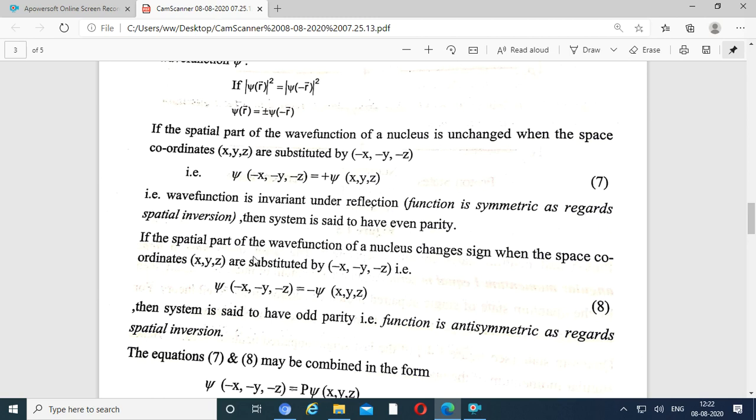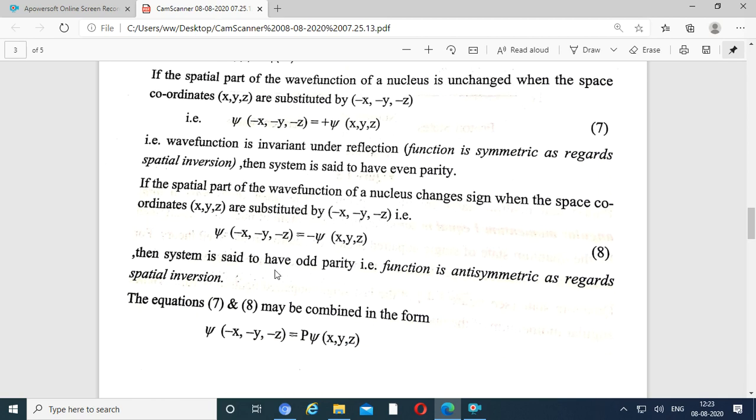If the spatial part of the wave function of a nucleus changes sign when the space coordinates x, y and z are substituted by minus x, minus y and minus z, that is psi(-x, -y, -z) equals minus psi(x, y, z), then the system is said to have odd parity, that is, the function is antisymmetric as regards spatial inversion.